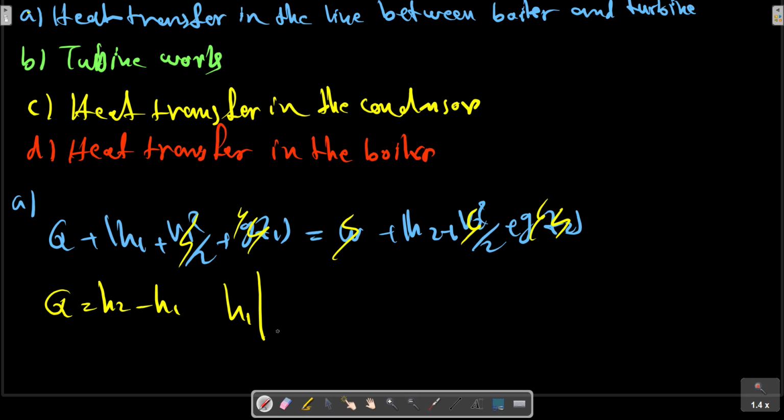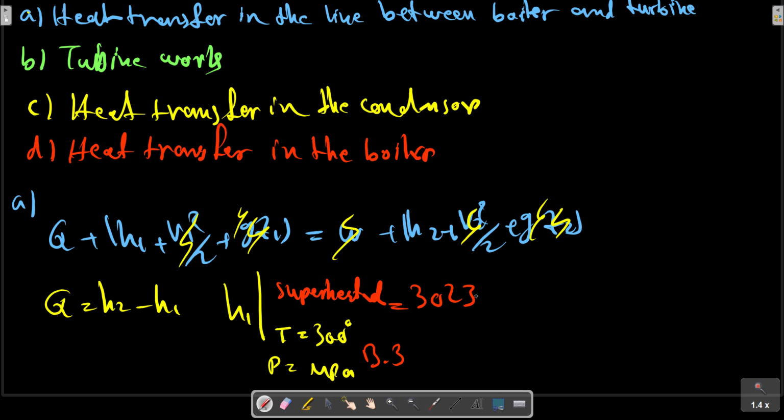H1 is at the temperature leaving the boiler, megapascal, table A, B3 superheated. You can check with your book.